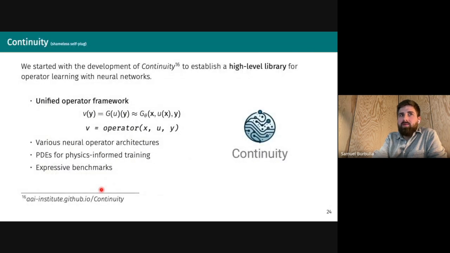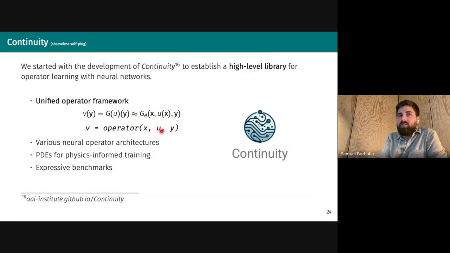And just to make a shameless self-plug, we started with the development of continuity to establish a high-level library for operator learning with neural networks. And these frameworks differ in how they represent functions and what they are able to map. And we want to establish a unified operator framework. We have the following signature. So a function v evaluated in coordinates y should be represented by a neural operator, which gets all these input information, x, u, and y.